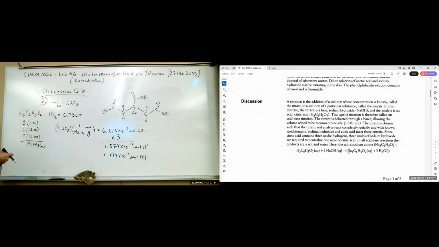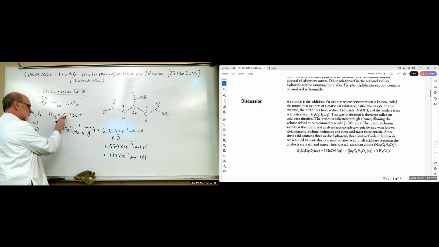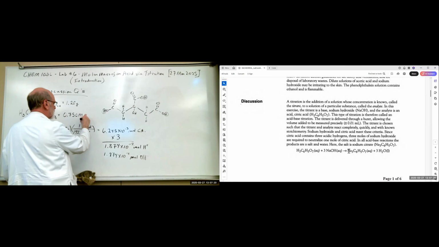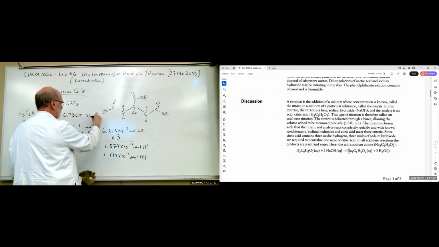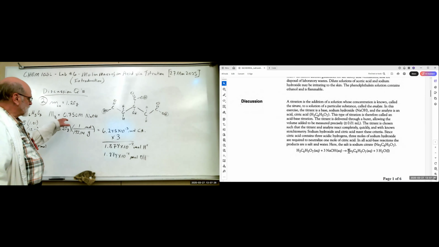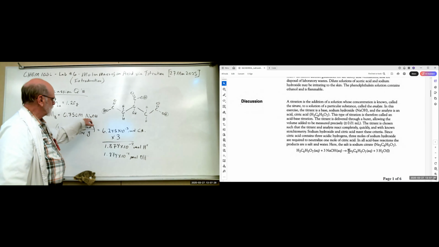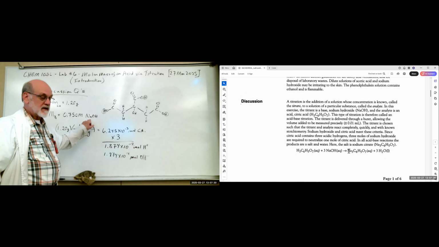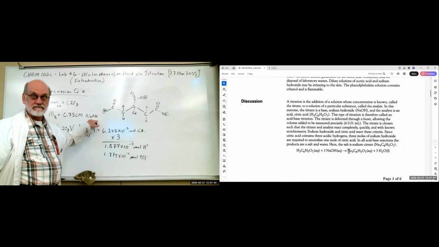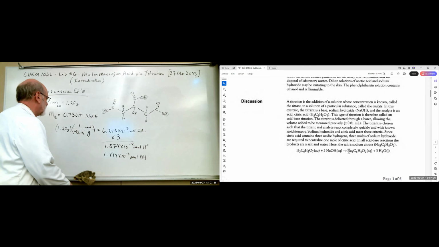Now, when we say 0.750 molar base, we're saying sodium hydroxide. That's 0.75 molar sodium ions in solution and 0.75 molar hydroxides in solution.